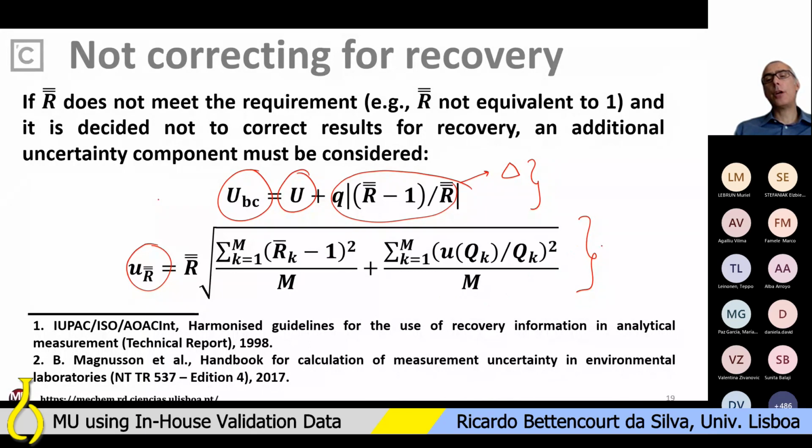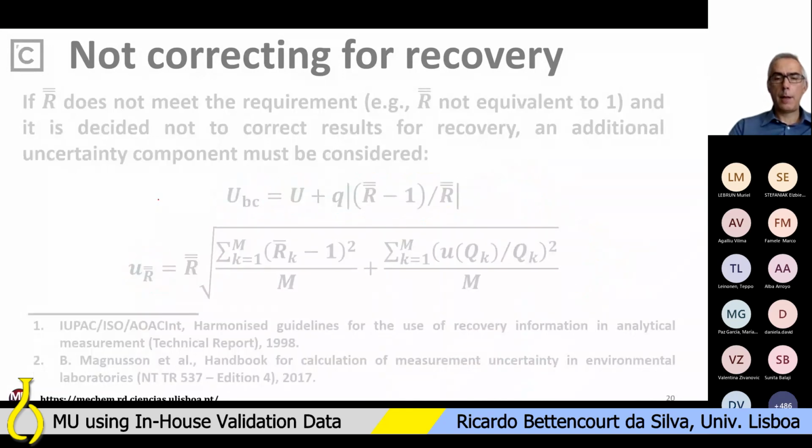But these formulas are pragmatic, empirical formulas, not defined by applying the propagation law to a specific situation. And I would say that, as in this other case, the coverage interval will not be exactly the same as correcting the result for recovery.